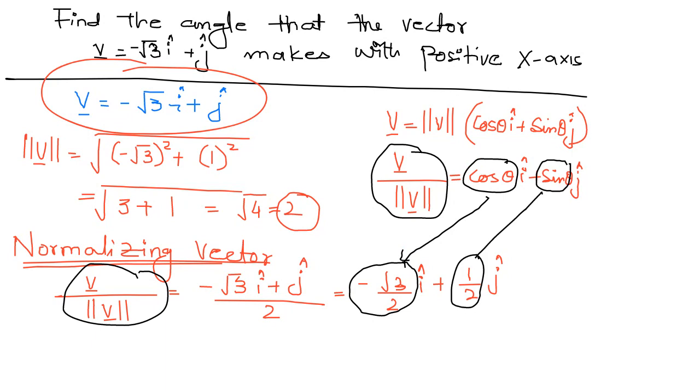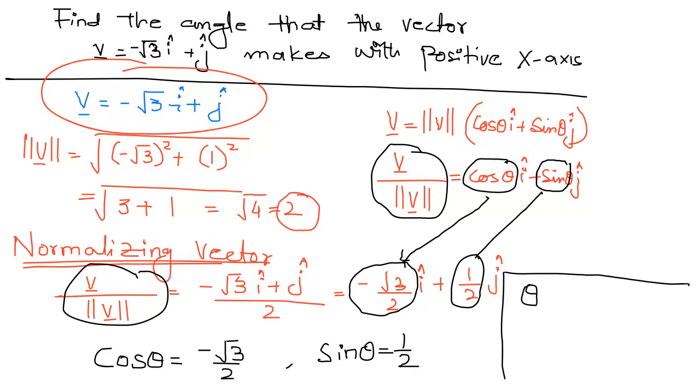Now, when you compare, what will you get? Cosine of theta is equal to minus square root of 3 divided by 2, and sine of theta is equal to half. From these two values, I can write theta is equal to cosine inverse of minus square root of 3 divided by 2, and theta is equal to sine inverse of 1 divided by 2.